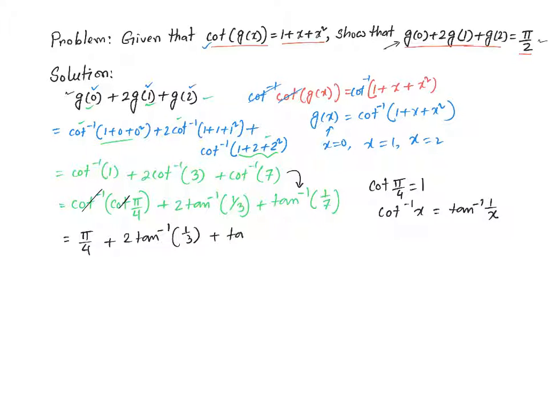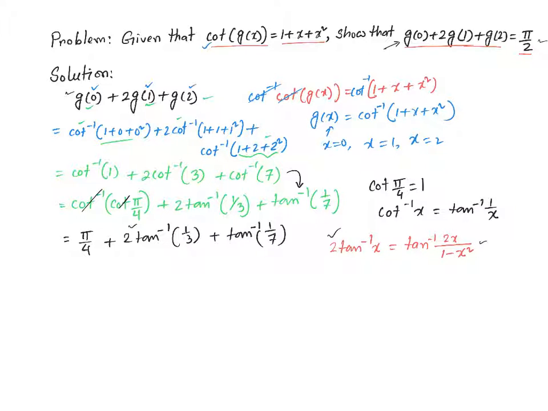plus 2 times tangent inverse 1/3 plus tangent inverse 1/7. Now we are going to apply some inverse trig properties to simplify and combine these two. Now you probably do remember this rule: 2 tangent inverse of x is equal to tangent inverse of 2x over 1 minus x square. Now I am going to simplify this middle term, 2 tangent inverse of 1/3, using this formula.